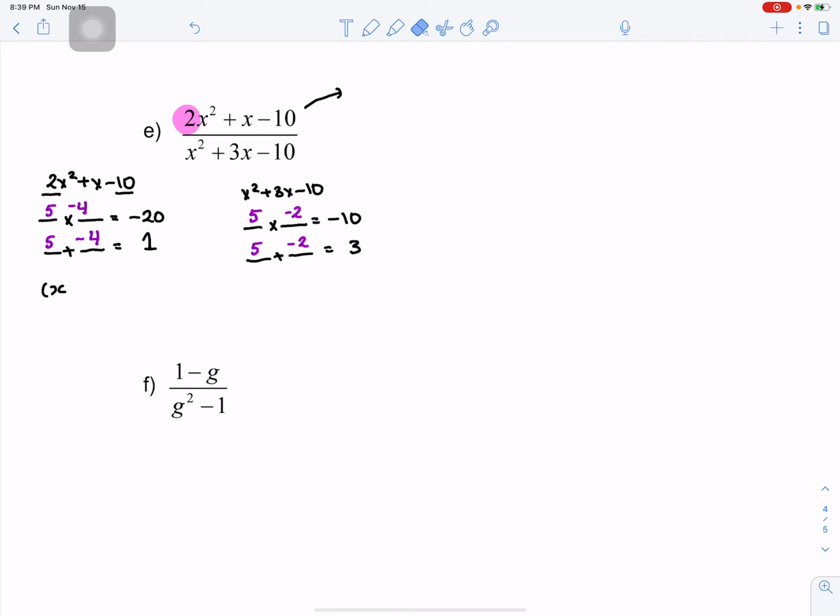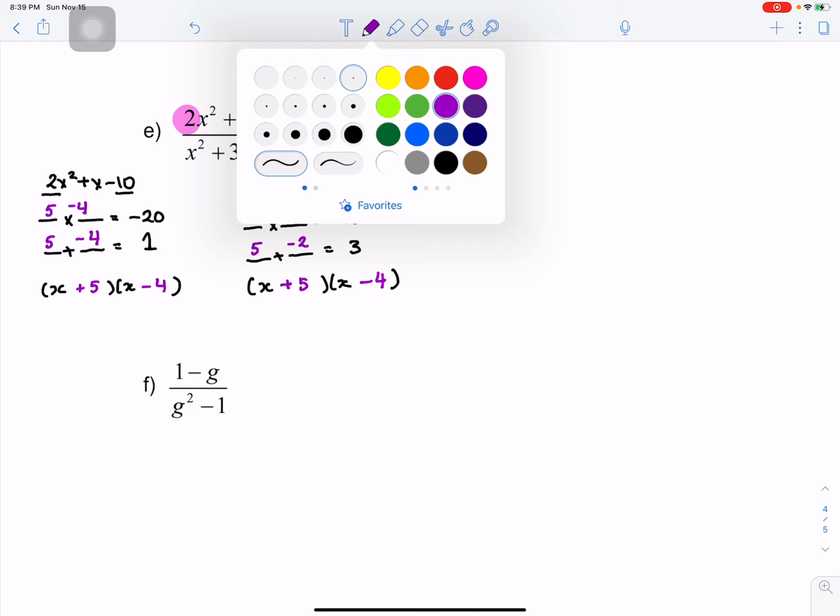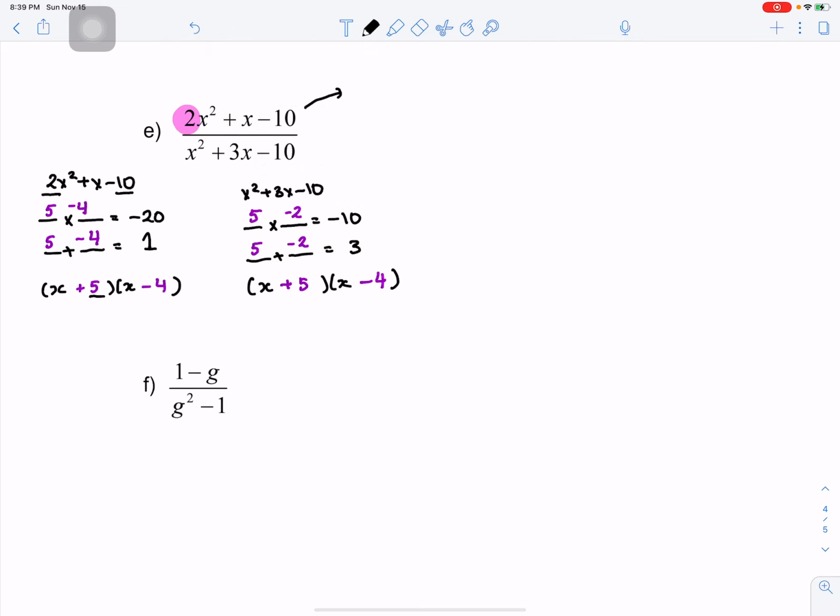So you're going to write your brackets, x, x, x, x. I'm going to put my positive 5 and my negative 4, my positive 5 and my negative 2. And then I want to make sure I'm dividing by the appropriate a value in each expression. This one is a 1, this one is a 2. So I'm going to divide this by 2, this by 2, this one by 1, this one by 1.